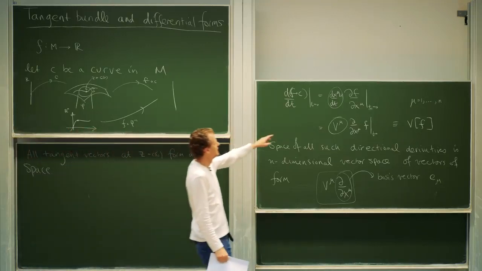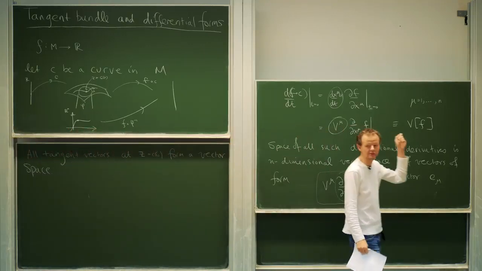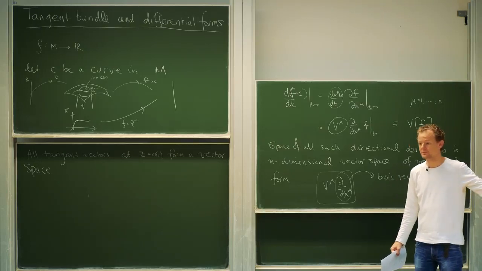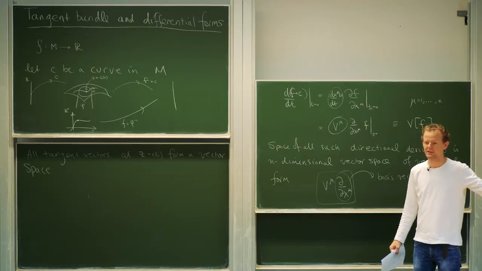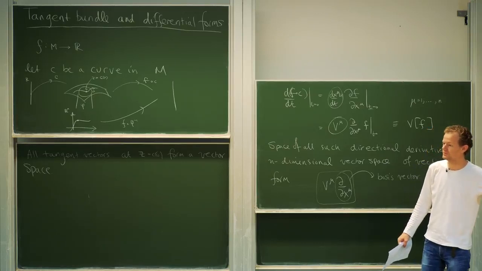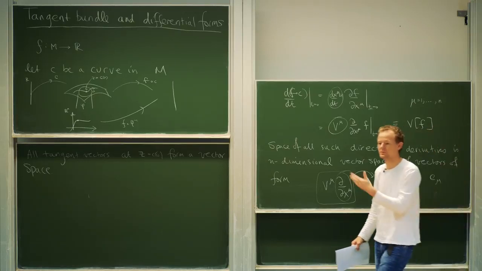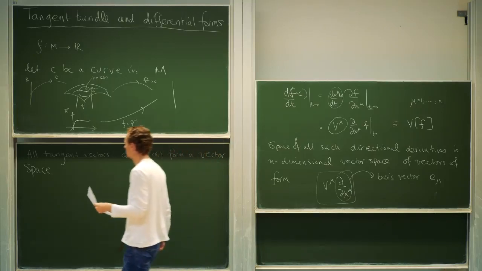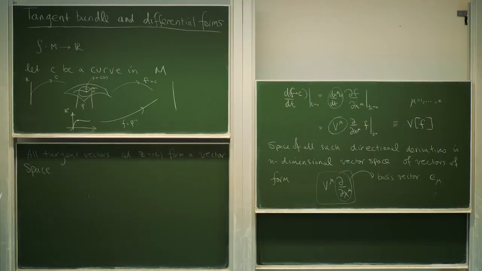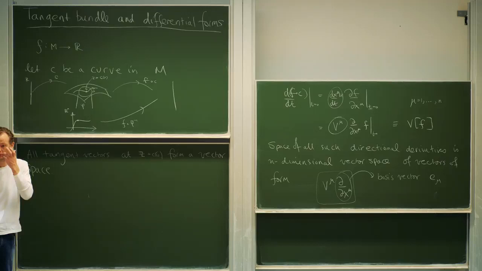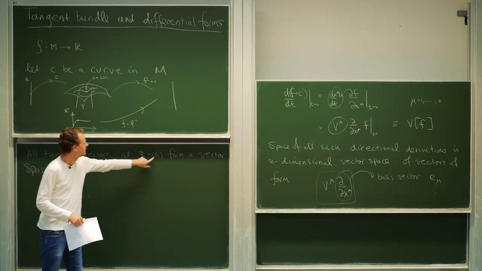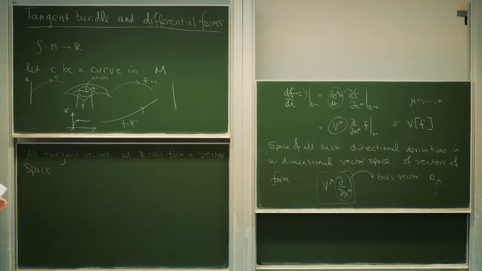So you want to show that if you have two such vectors, that their sum is also an allowed vector of this form, that any scalar multiple of them is a vector of this form, that 0 is an element of it, and so on and so on. So you have to check all the requirements to be a vector space. And then after you've done that, you'll be convinced that at least at this point z in the manifold, these tangent vectors form a vector space.